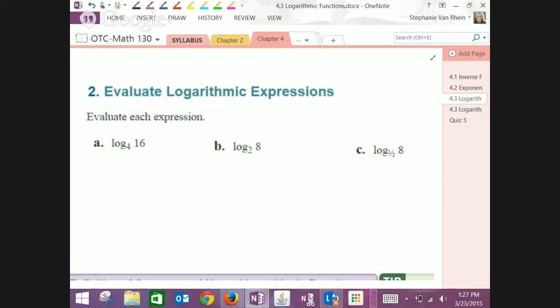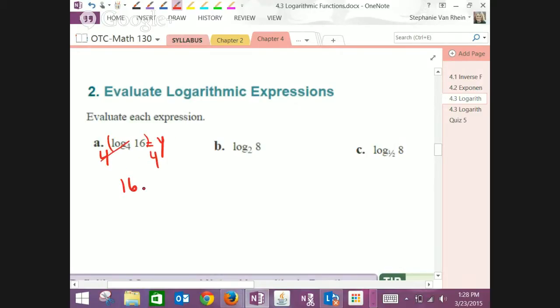So let's go through this one. The easiest approach, and it's the reason why I think it's easiest because it makes your life easier later on, is to say, okay, what am I trying to solve here? Let's call it y. I don't know what it is, but I want to solve for y. What can I do to the left-hand side to get rid of log base 4? I can take 4 to that power, right? 4 to the 4.